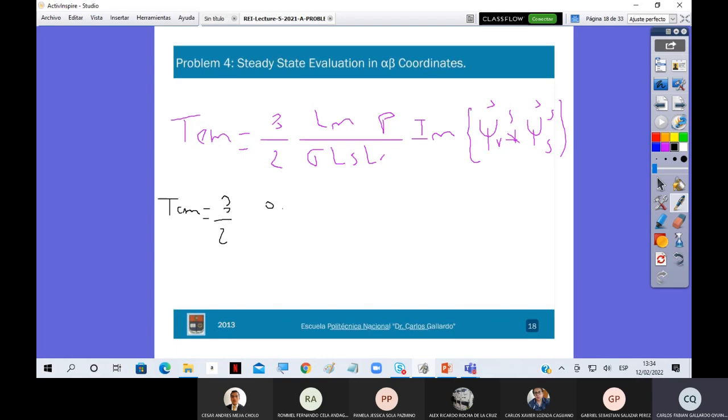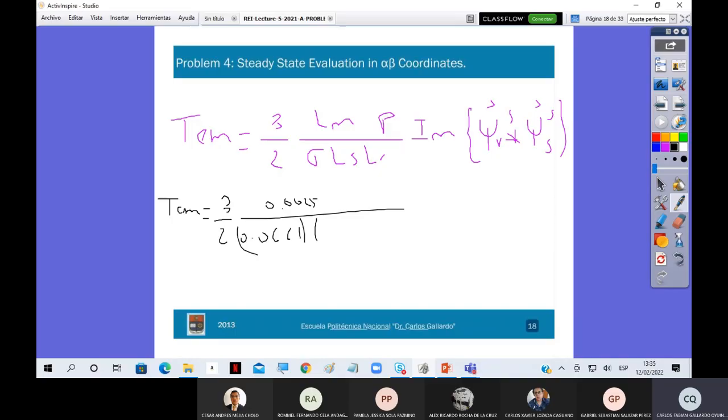Okay. So the electromagnetic torque is equal to 3/2. Magnetizing inductance 0.0025 over the leakage coefficient. We have already computed this value, 0.0661, times the stator inductance; from the manufacturer it is in millihenries.